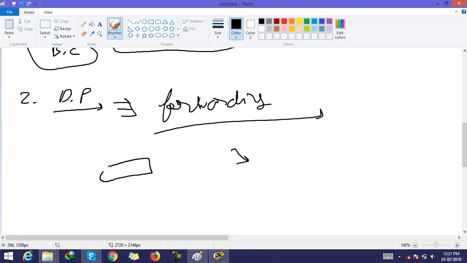It means these are the ports that help the root bridge send data to non-root bridges.